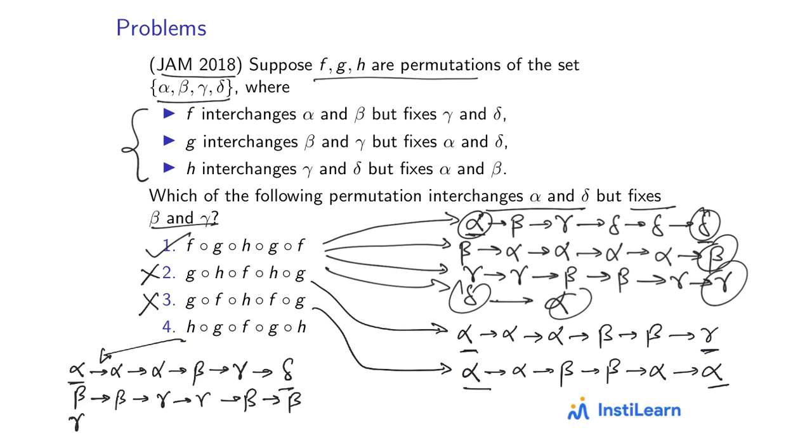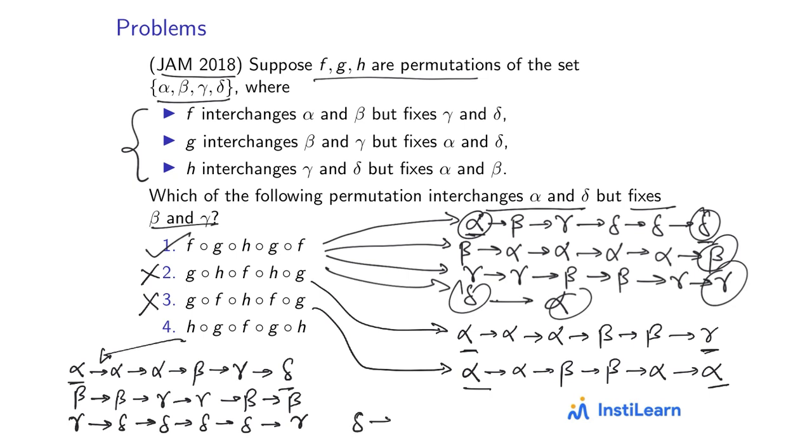Now let's look at gamma. H of gamma is delta, and G of delta is delta, and F of delta is again delta, and G of delta is again delta, and H of delta is gamma. So gamma is also fixed, which is good. And then the last element which is left is delta.